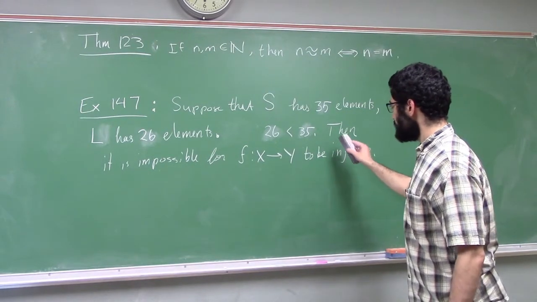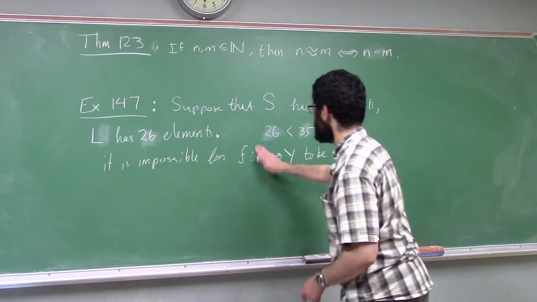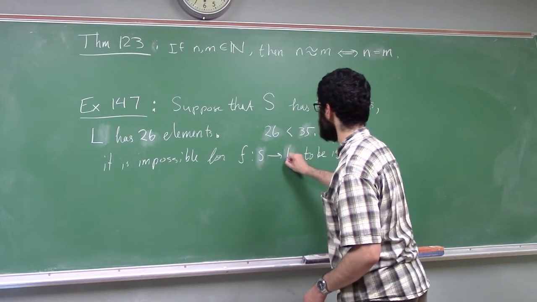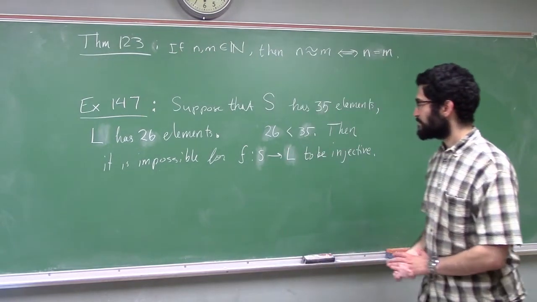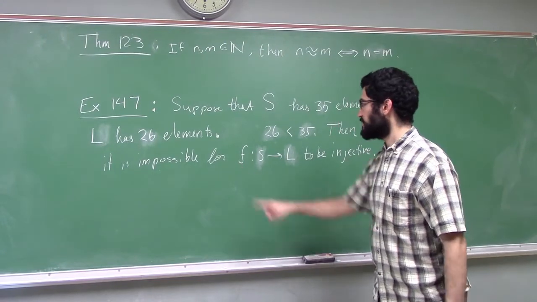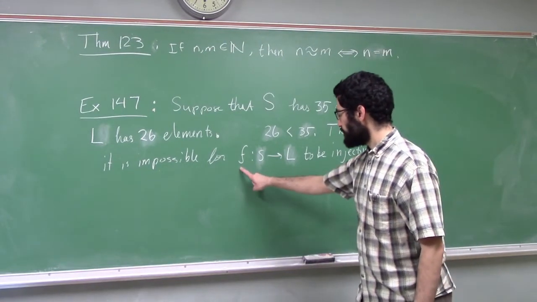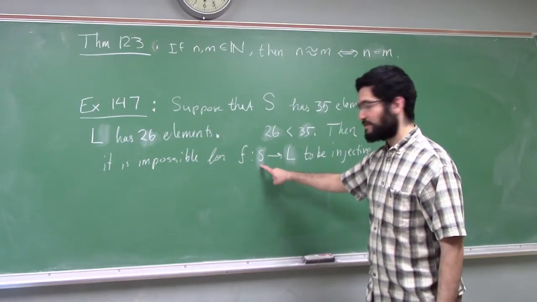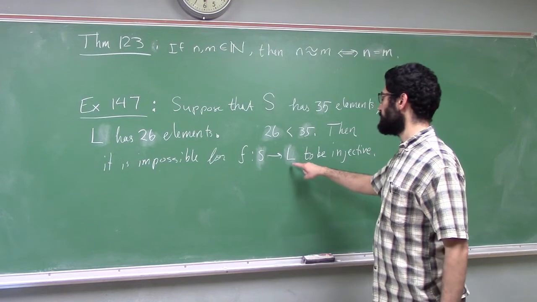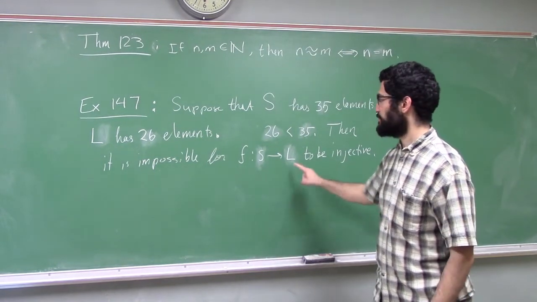And the idea is, since 26 is less than 35, it's impossible for any function from S to L to be injective. So, for example, let me pick an example of a function. Let's say f, given a student in the course, f is going to map that student to their first initial, so the first letter of their first name.